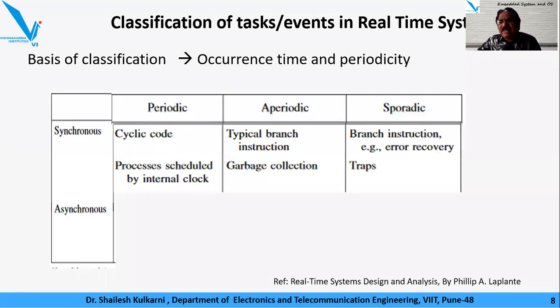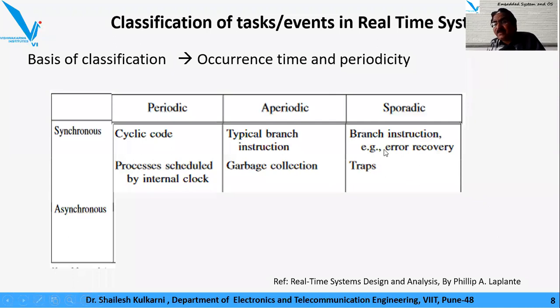And that particular linkage software is referred to as garbage collection. But this activity is definitely supposed to happen, so it is a synchronous one. But at what point of time it would happen, one never knows. The probability of occurrence of that task is less as compared with the periodic one.